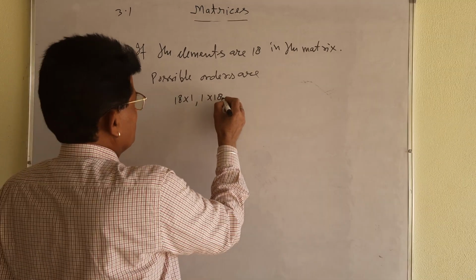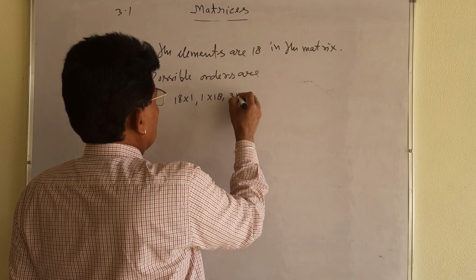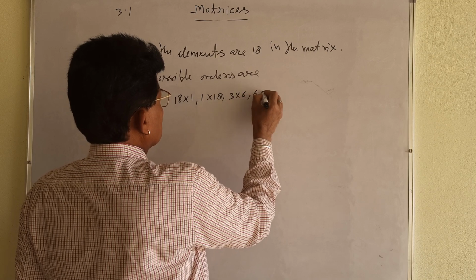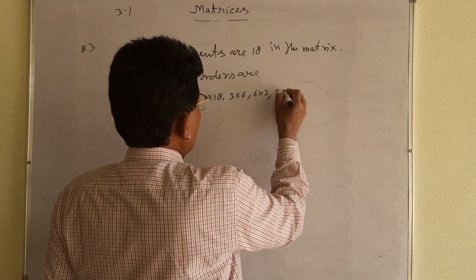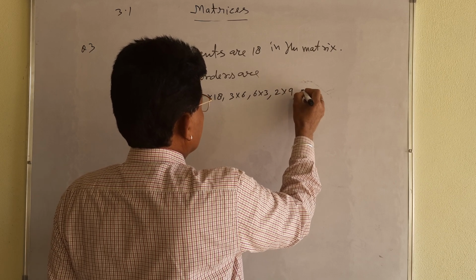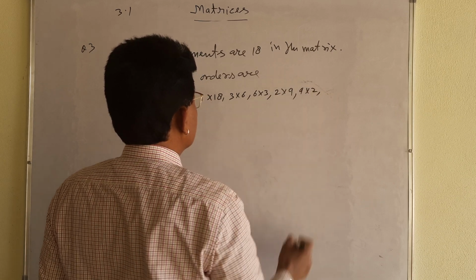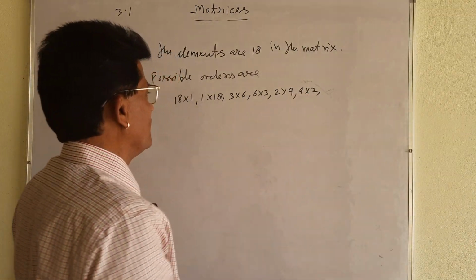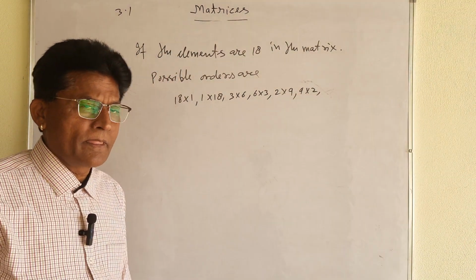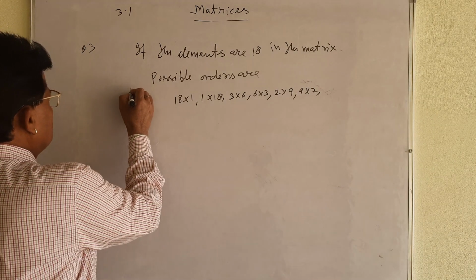Next, 3 rows, 6 columns, 6 rows, 3 columns. Next, 2 rows, 9 columns, 9 rows, 2 columns. Any other? I think these are all. This is the first case.